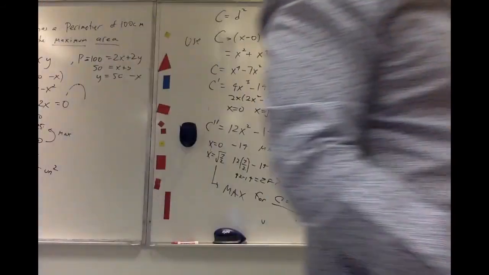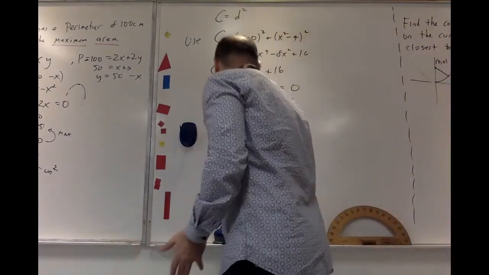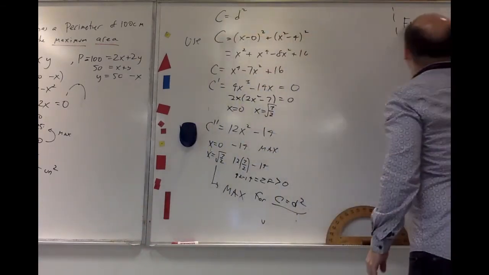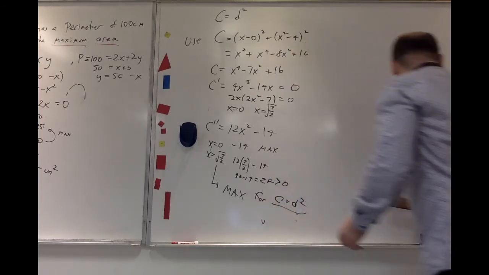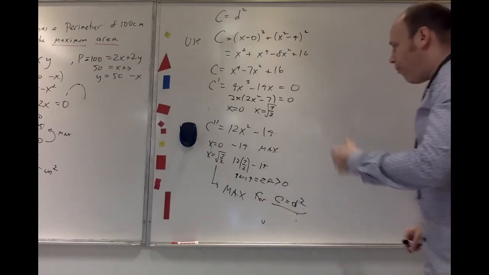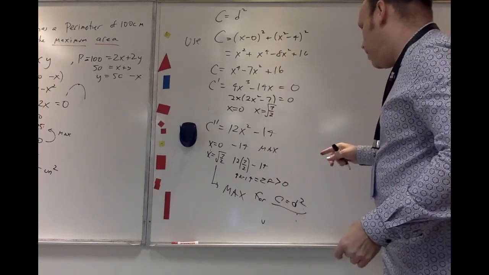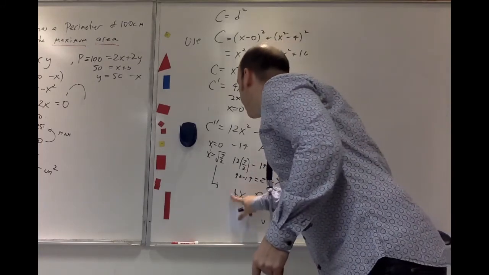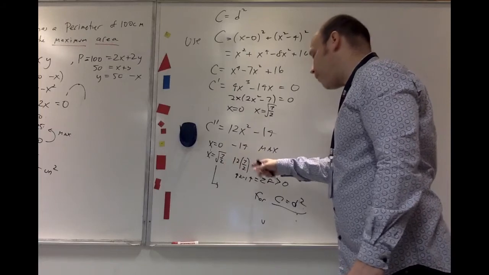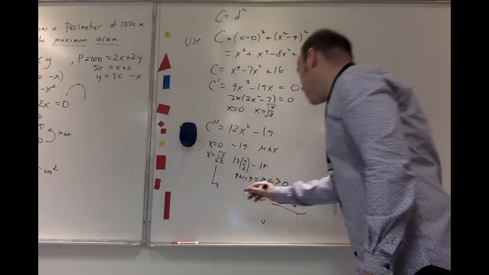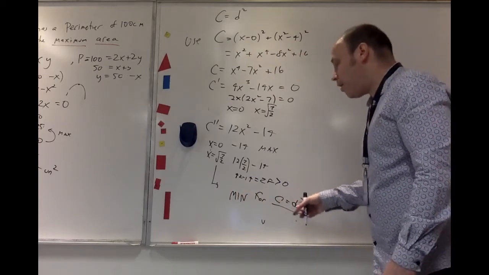Sorry about that. What we can conclude is, because when we plugged in the square root of 7 over 2 into the second derivative, we got a positive number, which means this is a minimum for c, which is the distance squared.